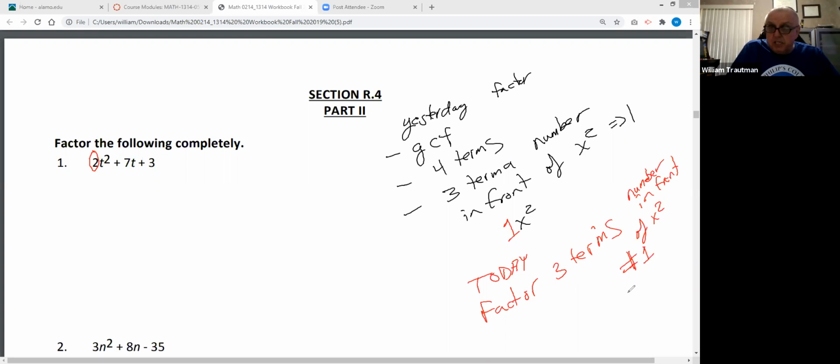That means does not equal 1. And we're going to factor 2 terms today. So we have, I think, 9 or 10 problems of this, and then 9 or 10 problems of this today. I think there's 18 problems total, 18 or 19 problems. All right, let's get this show going.